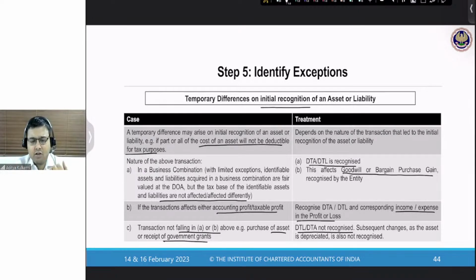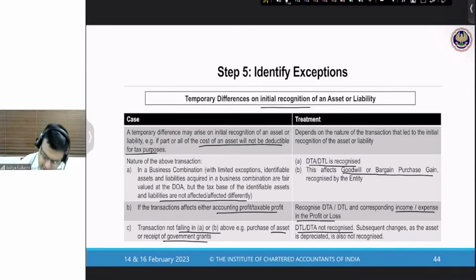A transaction not falling in business combination, or a transaction which does not affect my accounting profit or the taxable profit, is a case where deferred tax asset or deferred tax liability is not recognized, because for tax purposes there is no movement that will happen in the value of that asset. There is no movement, and therefore I will not recognize a DTL or a DTA.